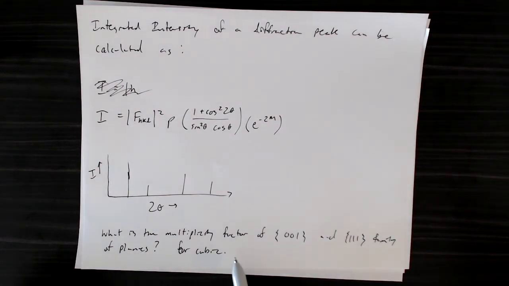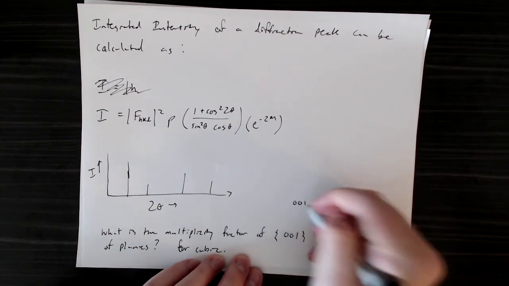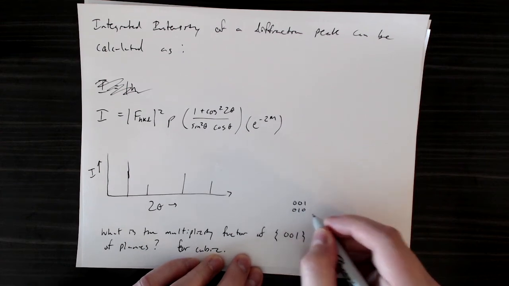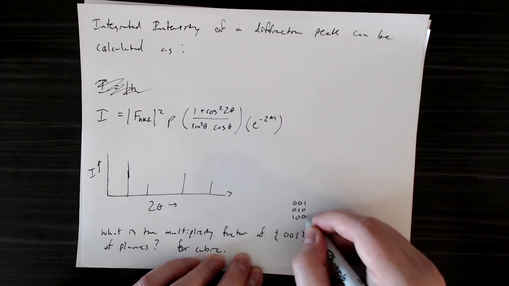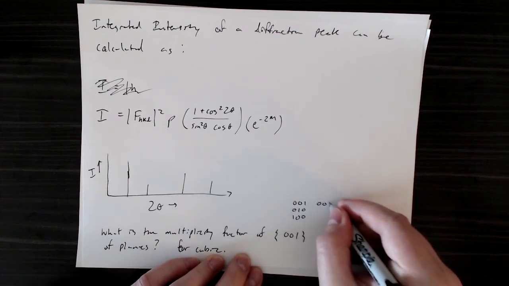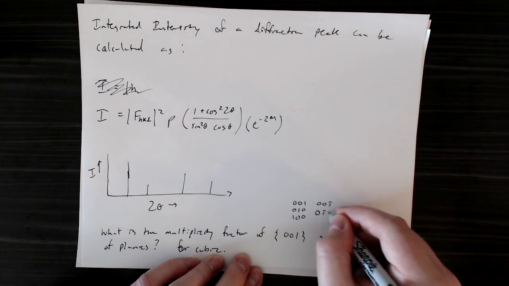Let's look at the multiplicity factor. Let's start with the 001. The multiplicity factor is the number of permutations for that specific family. In cubic, X, Y, and Z are all the same, so we can look at anything that's in the 001 type, which would be the same as 010, which is the same as 100. So we've got 3, but we can also do the negatives, so we can have bar 1 in any of those cases.